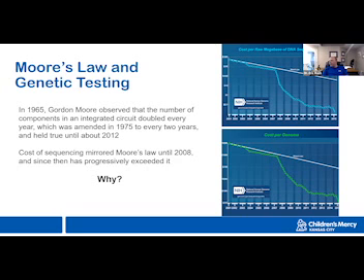Those of you in the computer or IT industry may be aware of a law called Moore's Law. In 1965, Gordon Moore, who worked for a very small company called Fairchild Semiconductor that turned into a not so small company called Intel, observed that the number of components, meaning transistors, in an integrated circuit, kind of an early microprocessor, doubled every year, and eventually every 2 years, and also halved in cost.